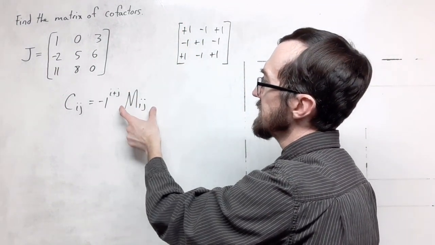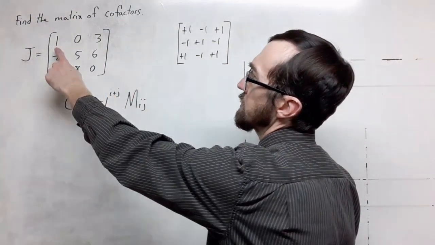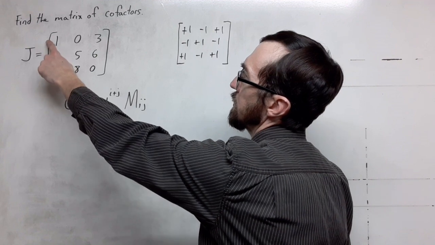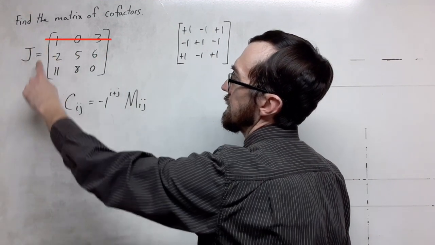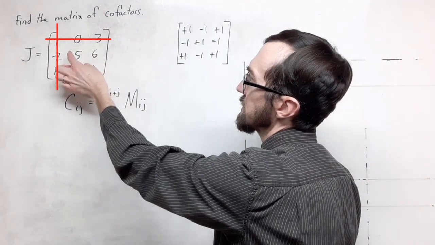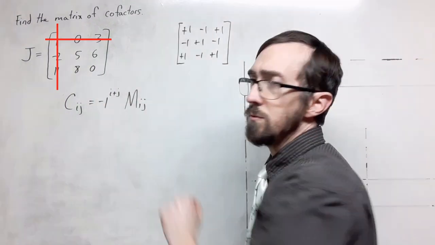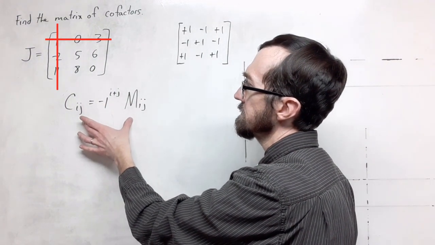This M represents the minor with respect to the element. So in the first position, we would eliminate this top row, we would eliminate this first column, and the minor would be the 2 by 2 matrix 5, 6, 8, 0. So that's what this pattern tells us.